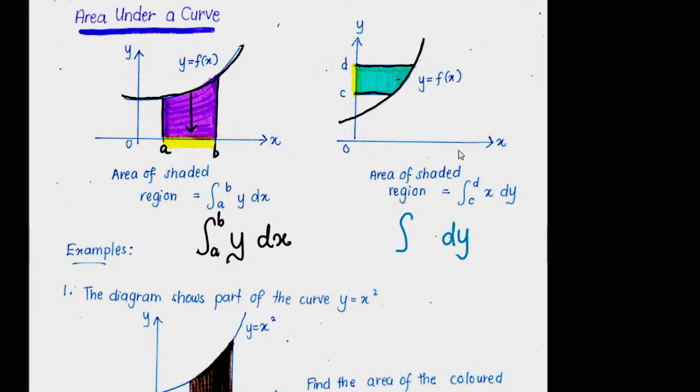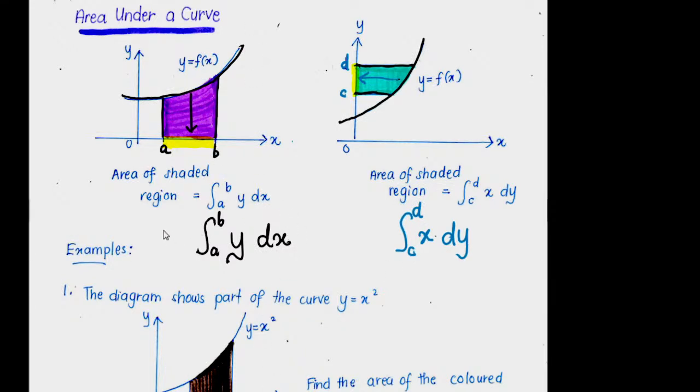Why we have to write dy? Because the area is going towards the y-axis. Since you already write dy, in the middle here will be x. Then we write our limits, let's say this is limit c to d. So lower limit is c, upper limit is d.